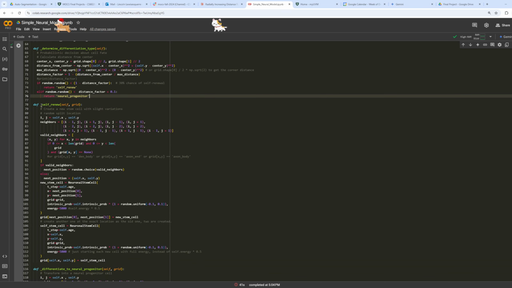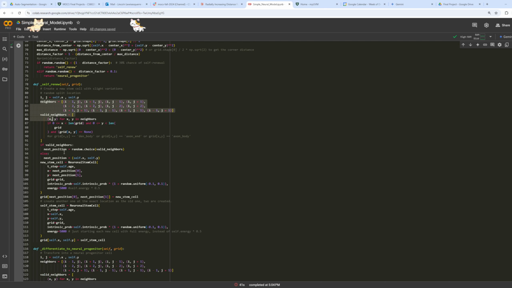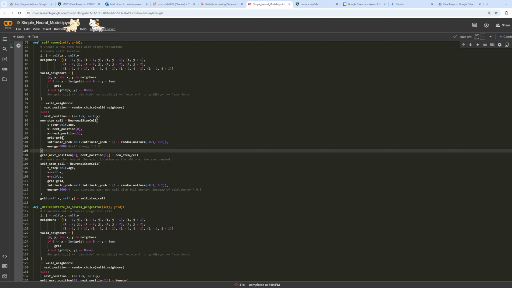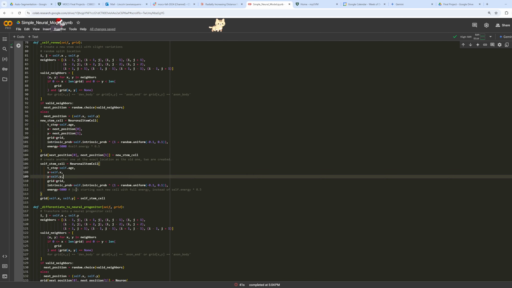And then if it does self-renew, it takes a bunch of neighbors, determines if it's a valid neighbor, and then it will split into two. So it splits into two and says it'll become a neuronal stem cell and then another neuronal stem cell that's placed at another distance.